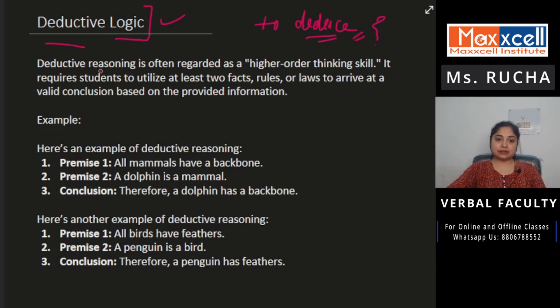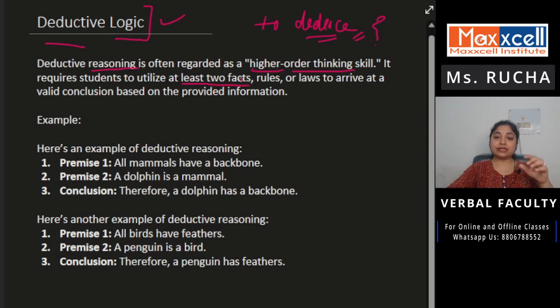Deductive reasoning is often regarded as a higher order thinking skill. It is not something base level, it is a higher order thinking skill. Reasoning is where you can apply logic and deduce a proper logical conclusion. It requires students to utilize at least two facts.